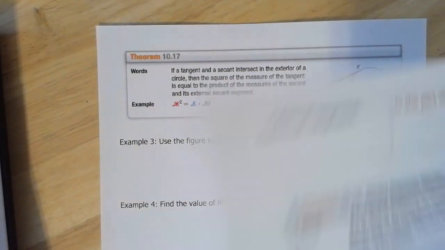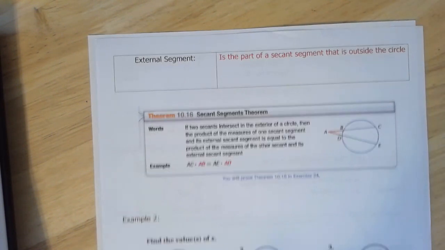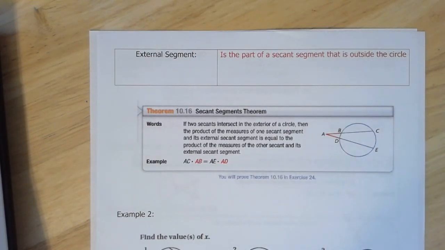All right, I'm going to look at example 2 with you guys. External segments: the part of the secant segment that is outside of our circle. There's a formula for this as well.